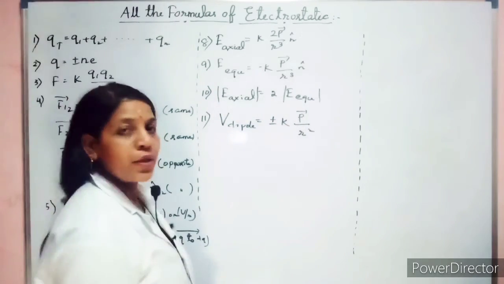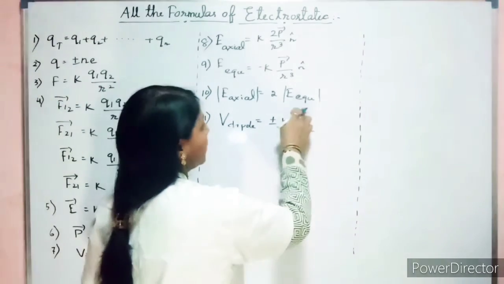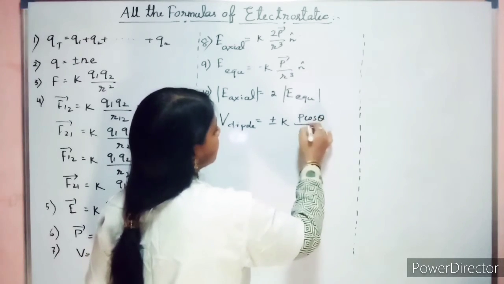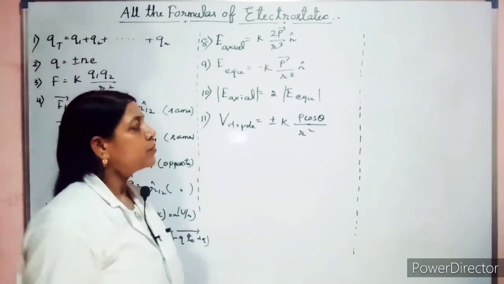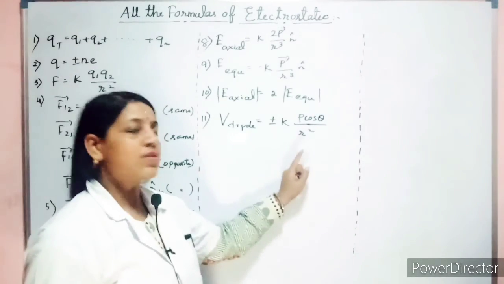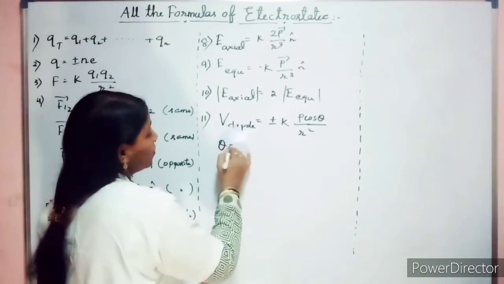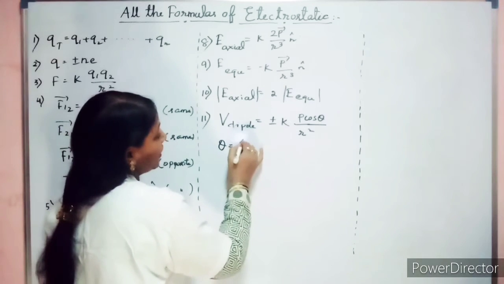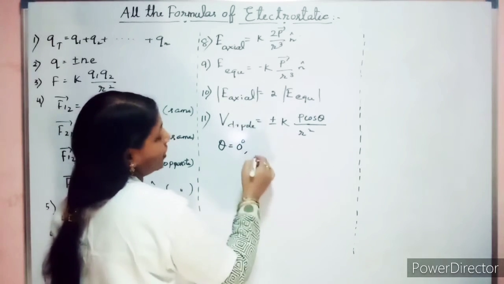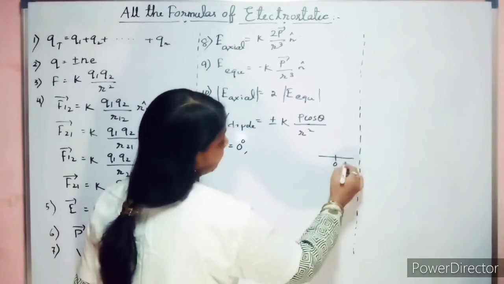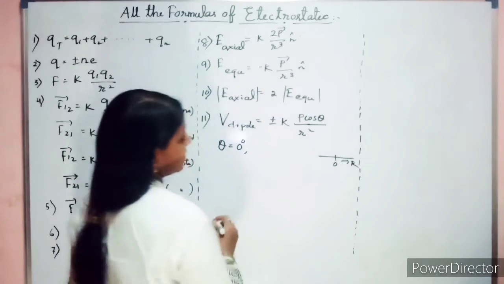Actually p vector is nothing but, better you write it as p cos theta, so plus or minus Kp cos theta by r square. And if your theta equal to 0 degree, that will be your right side axial line. This is your center, and this is only your right side axial line.